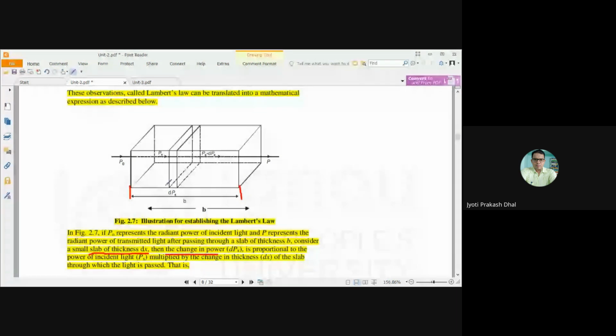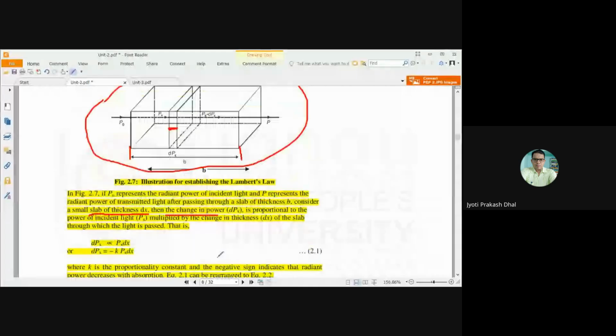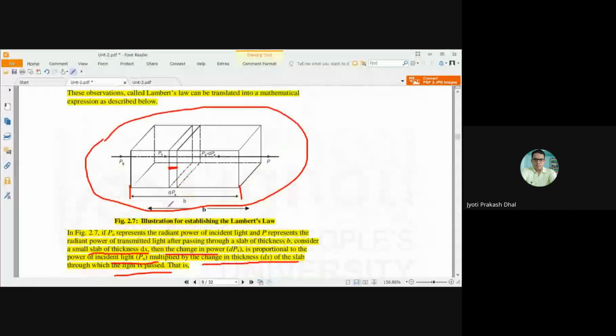Then the change in power dPx is proportional to the power of the incident light Px multiplied by the change in thickness dx of the slab through which the light is passed.